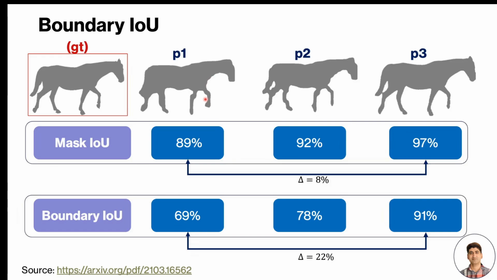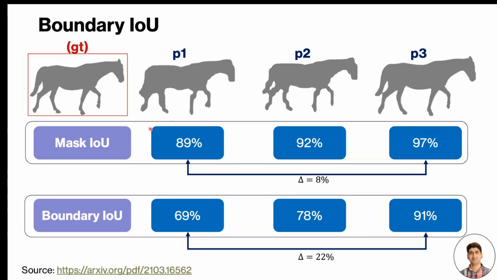In some applications, it's very important to capture the boundaries of segmentation masks very accurately. For example, here we have this ground truth segmentation mask of a horse, and these P1, P2, and P3 are predictions from 3 different models. And when we compare the mask IOU of these predictions, we see some marginal improvement going from P1 to P3, while we can clearly see that P3 has much better boundaries than P1 and P2.